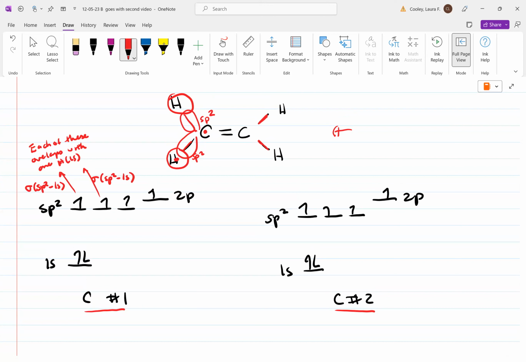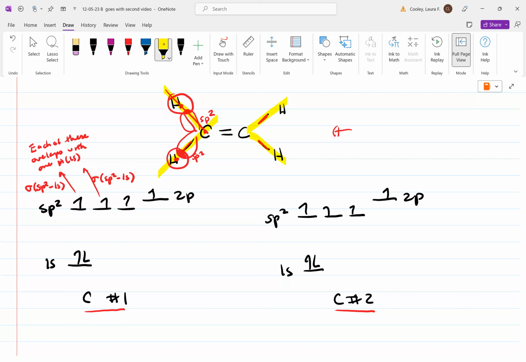This is the internuclear axis, and the overlap is on that axis. Same thing over here. Here's the nucleus of the hydrogen. We draw a line. That's the internuclear axis for that bond. And the overlap is right here along that internuclear axis.